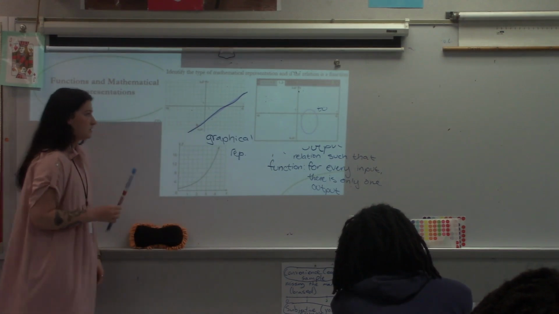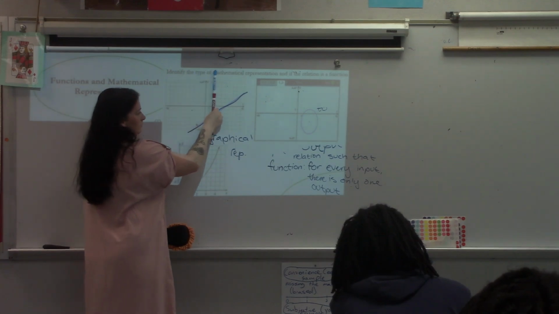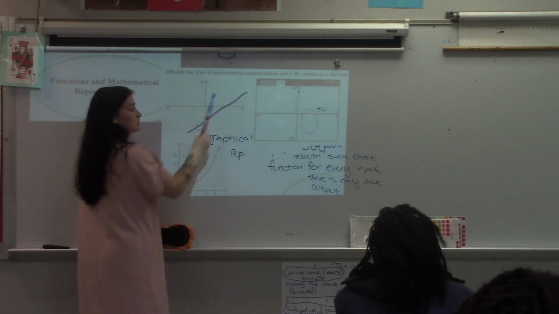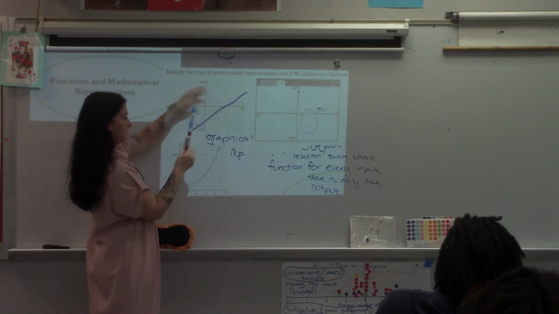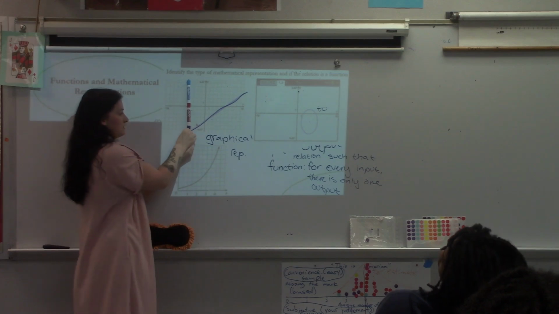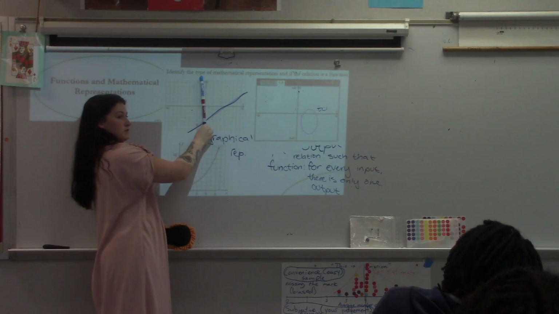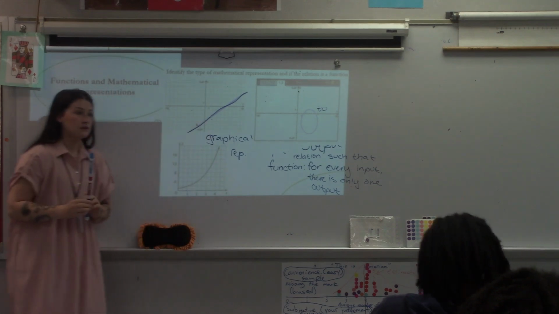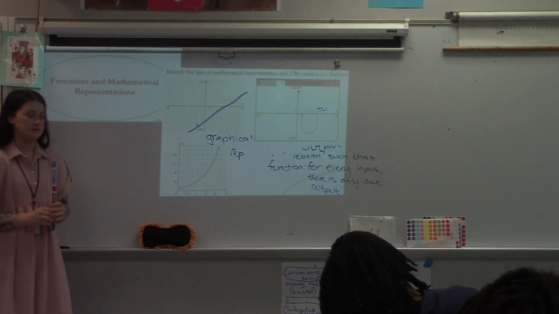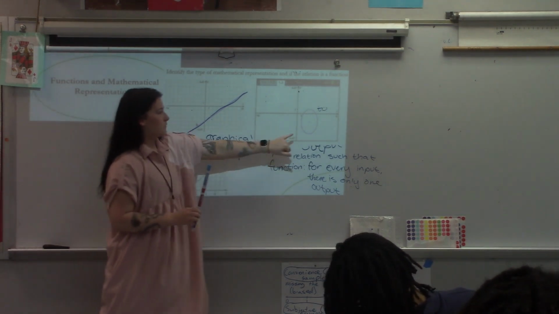If I can move my vertical line through the graph, and there is no point where it touches the line at the same time, so here, it's only touching this line once, right? Yes or no? Yes. Okay. So, it passes the vertical line test, so guess what? It's a function.